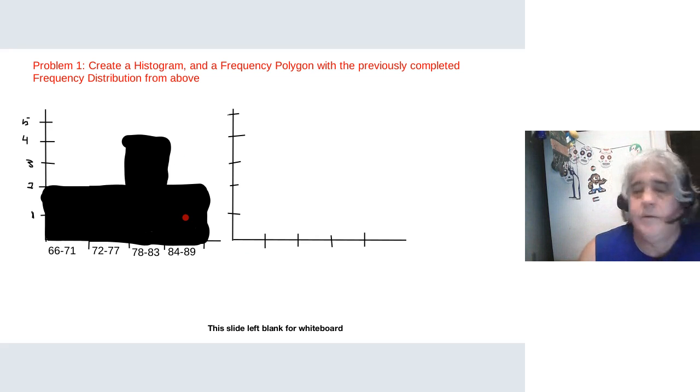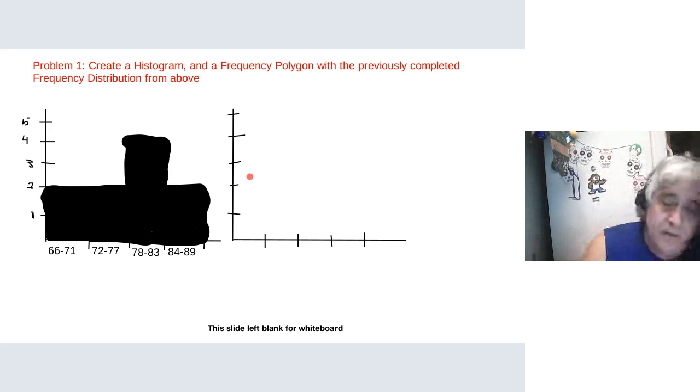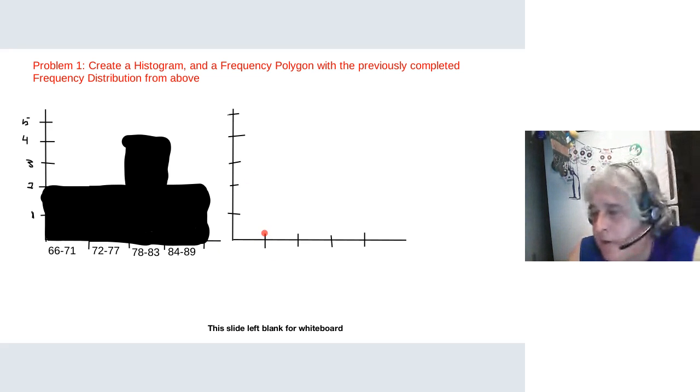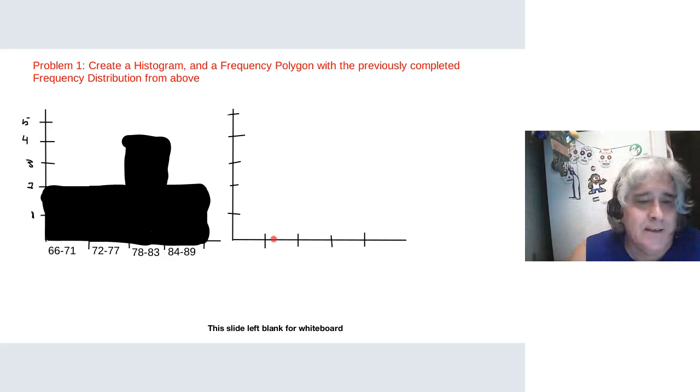All right, now the thing that's different about the frequency polygon is it's sort of like a connect the dots thing.